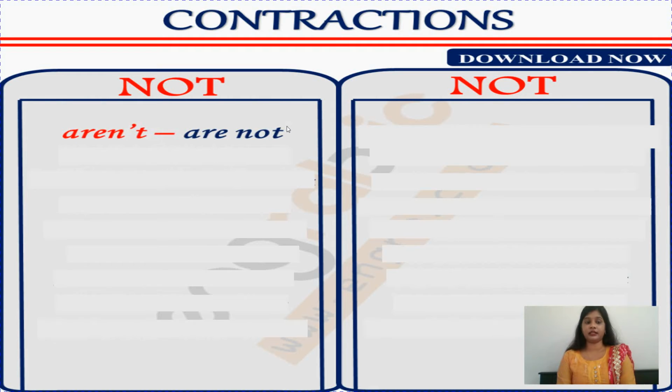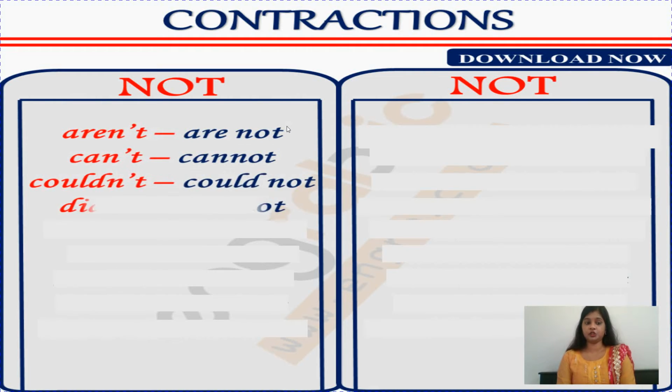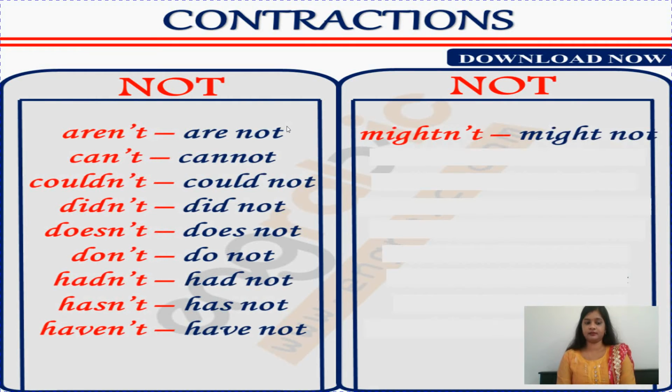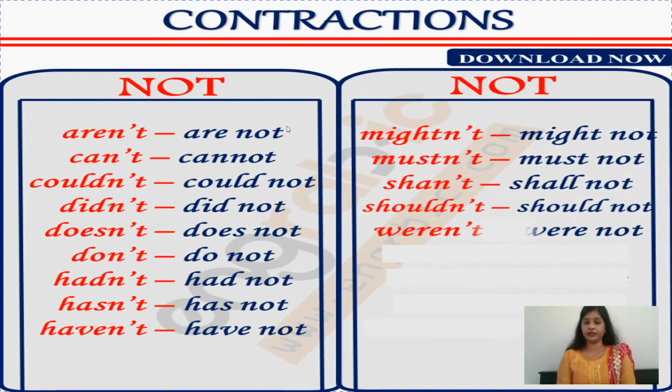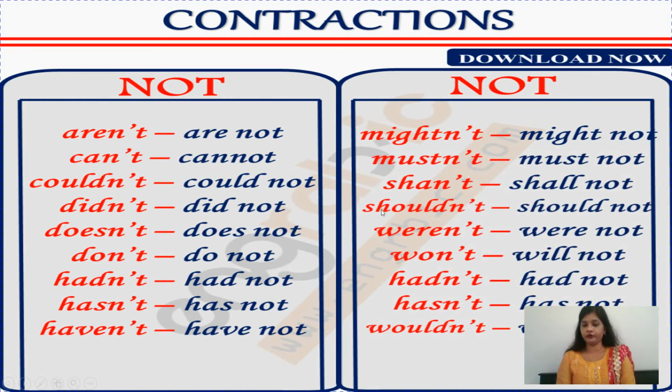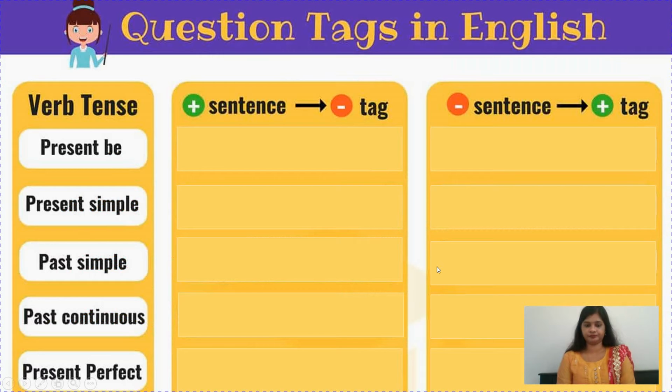Like for are not, aren't, can't, couldn't, didn't, doesn't, don't, hadn't, hasn't, haven't, mightn't, mustn't, shan't, shouldn't, weren't, won't, and wouldn't. See children, won't. The contracted form of will not is won't. It's the exception case.